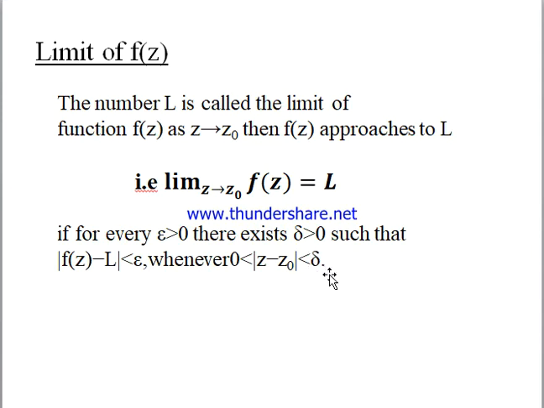If f(z) and z − z0 satisfy these two conditions, then only this limit exists in the given neighborhood in the z plane and w plane.